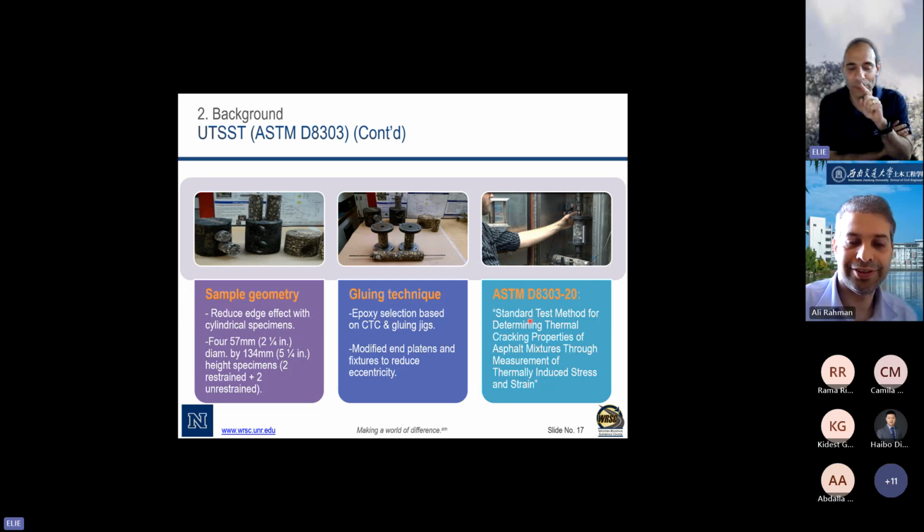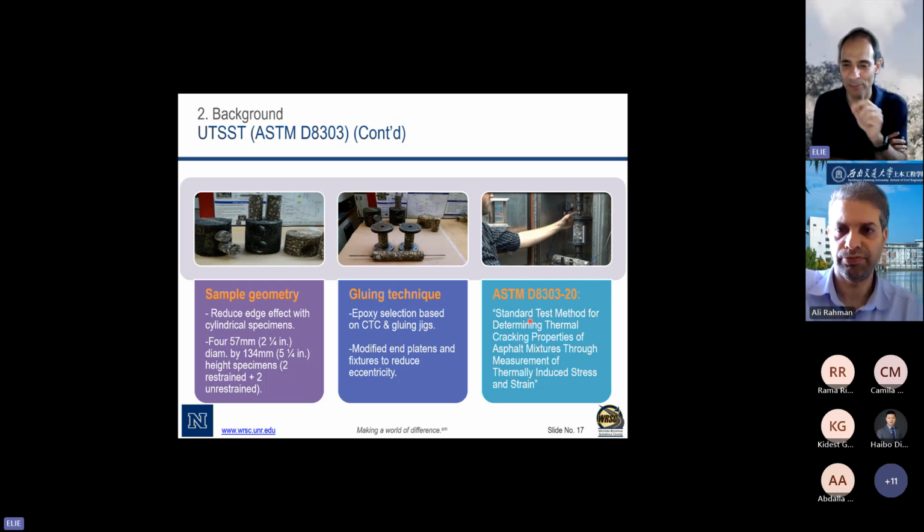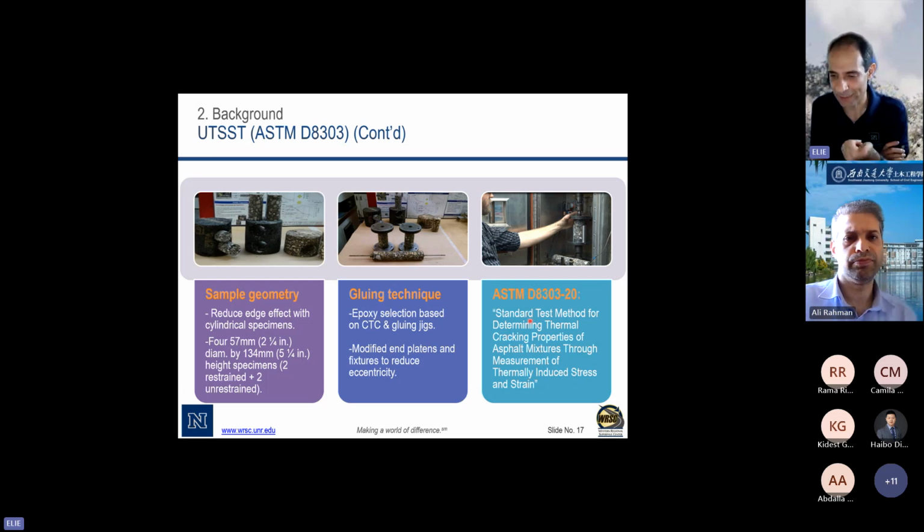Now, if you're trying to tie that back to the pavement ME, there are also some drawbacks in how thermal cracking is handled. Once it looks at the thermal stress and compares it to the strength, there are limitations: it doesn't assume variation in strength with aging, so it's a constant value.